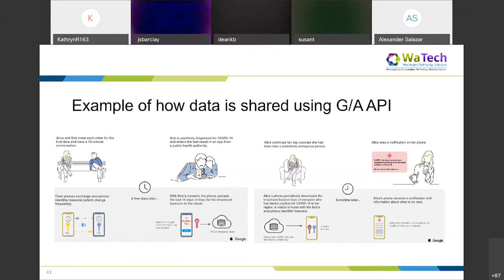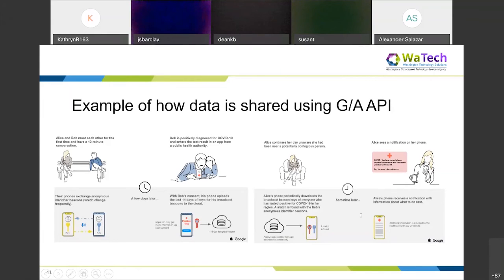If anybody has an app downloaded that uses this interface, their devices are actually pinging each other in the background and exchanging a type of key that can't be linked to the individual or the device. They're exchanging these keys with each other through the devices that share whether or not they've been near each other.